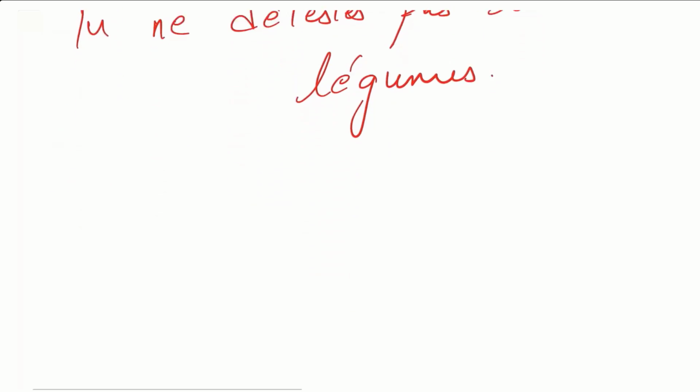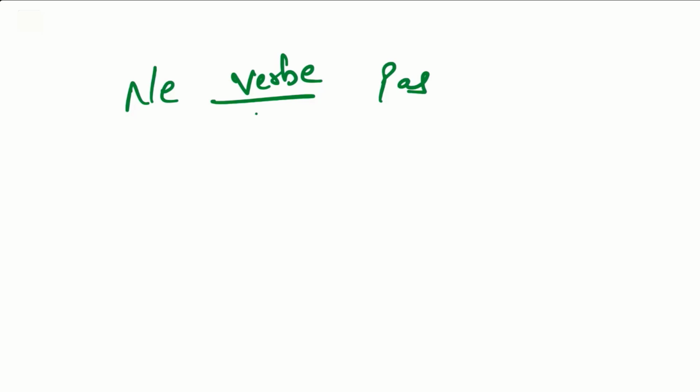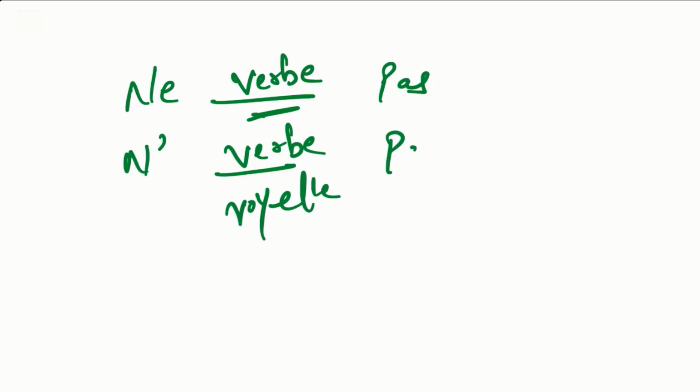Let's just revise it once again. So in the negation, we have to put ne and pas before and after the verb. D'accord? An apostrophe will come if the verb starts with a vowel, and pas will come as it is.